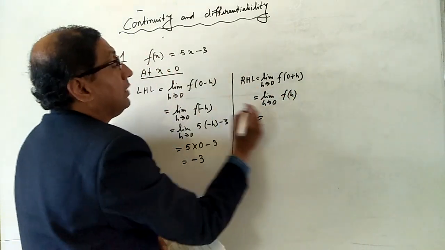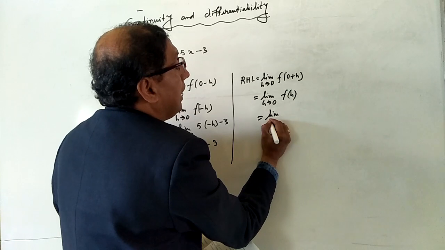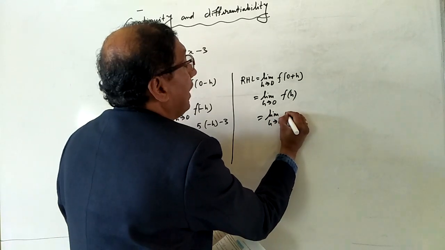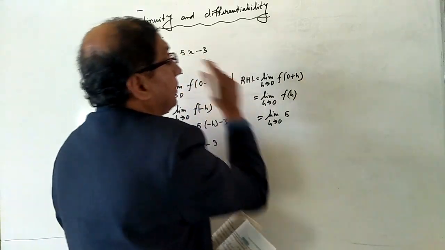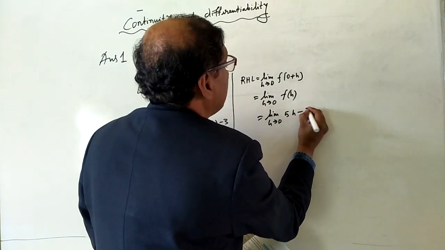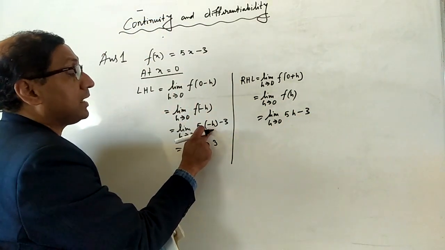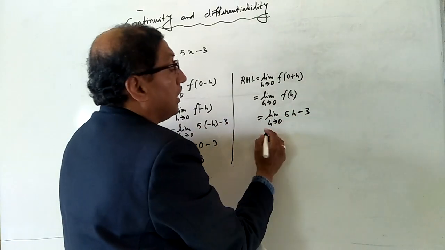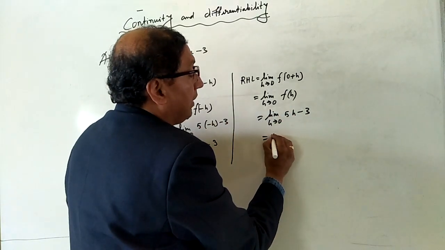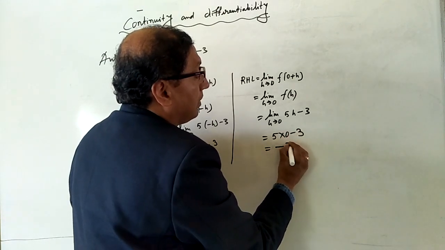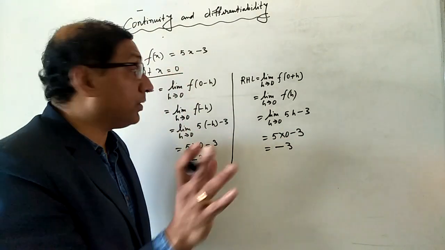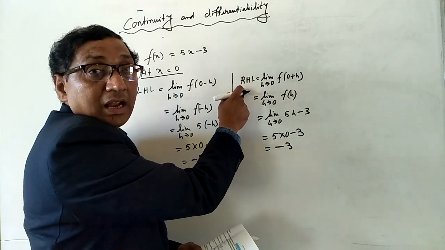Now the value of f(h): limit h tends to 0 of 5, in place of x we have to put h, minus 3, right? Here we put minus h, here h. Now h equals 0, then 5 into 0 minus 3, so we are getting minus 3. In class 11 also we found the left hand limit and right hand limit.